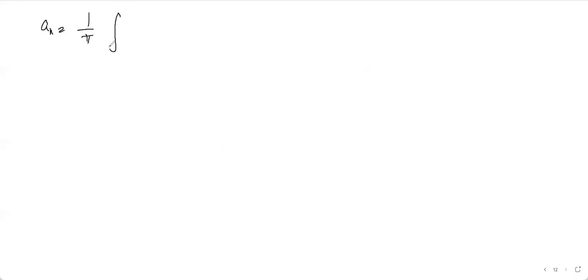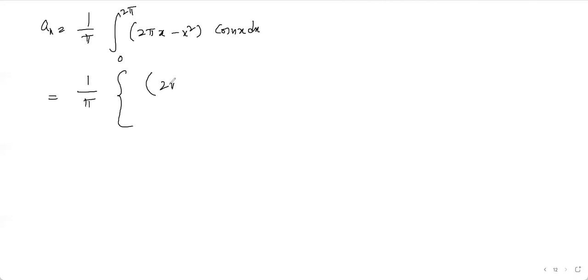Okay. Now let us find what is an here. It is 1 by pi integral 0 to 2 pi, f of x is 2 pi x minus x squared, cos nx dx. Now let us integrate it with respect to x. So this is 2 pi x minus x squared.